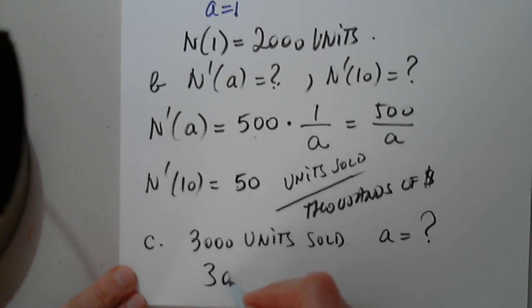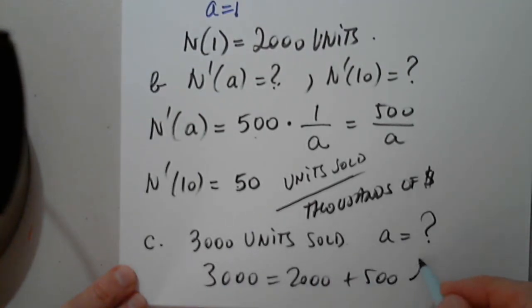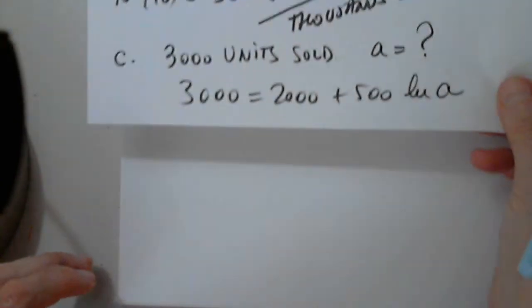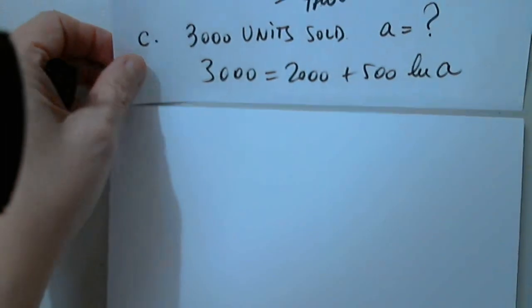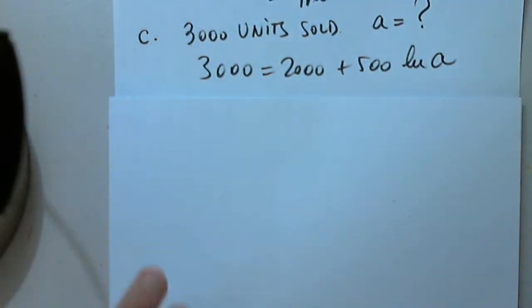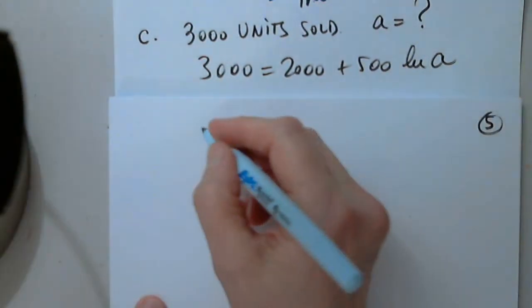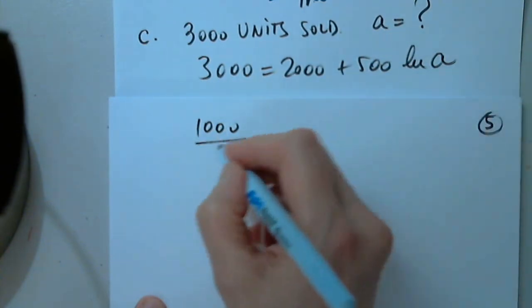Excellent. So 3,000 equals 2,000 plus 500 natural log A. What is our first step here? Great job. Subtract the 2,000 over to the other side. Absolutely. And then divide by 500. Very good.